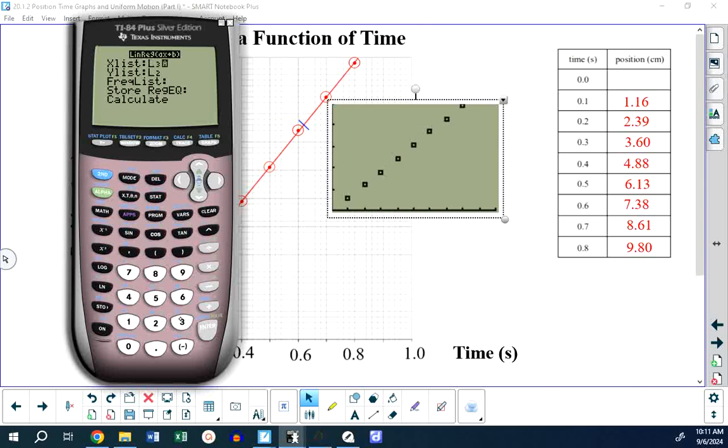There's reasons why you might do that. So we can confirm it's L1, it's L2. Don't do anything with the frequency. We'll talk about storing the equation in a second, but in the meantime, I'm just going to go calculate, and it gives me this information.